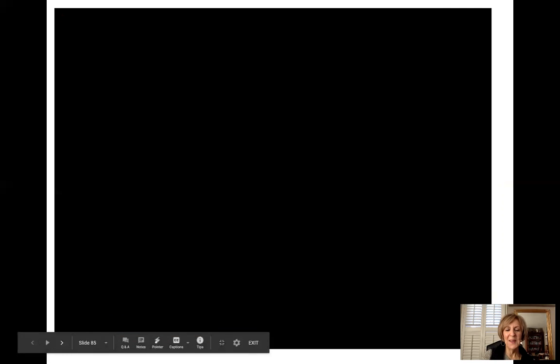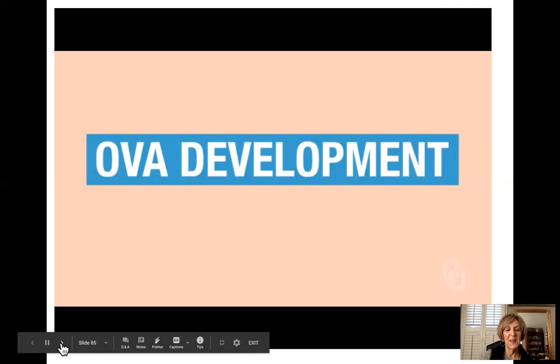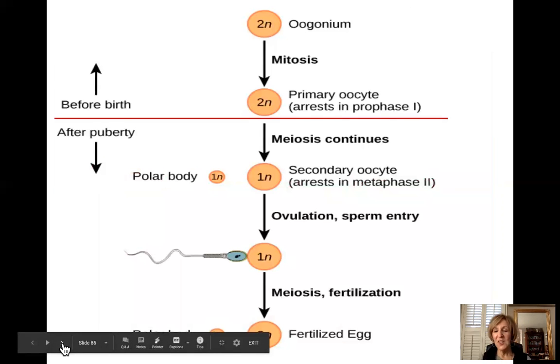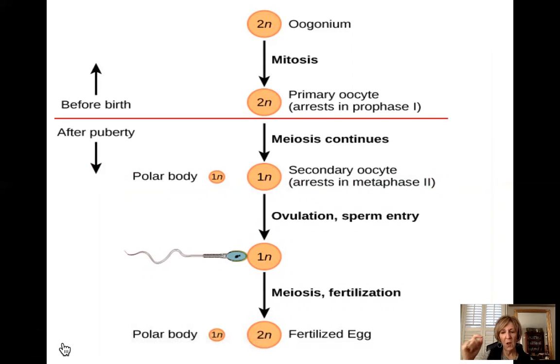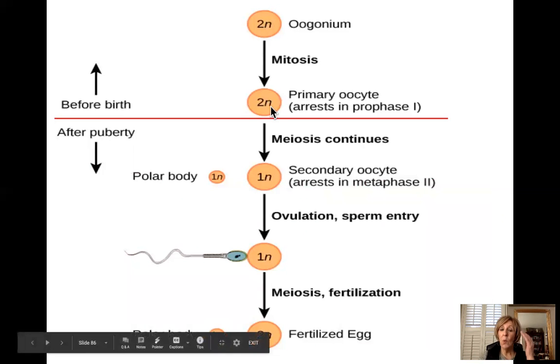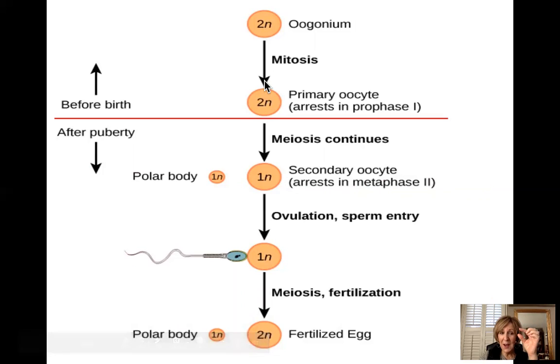I just think that's so amazing, right? It's just amazing that a female is born with all the eggs she will ever have. They're actually oogonia. It starts meiosis while the baby is still in utero. It arrests until that particular egg is ovulated, and then it goes through another part of meiosis.